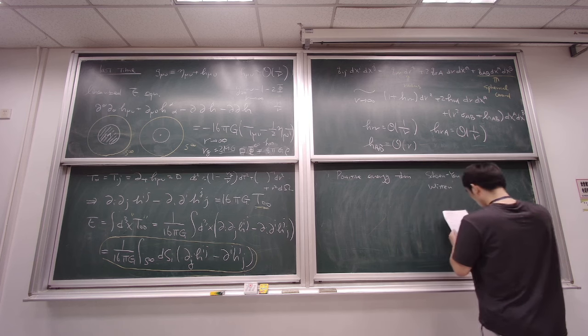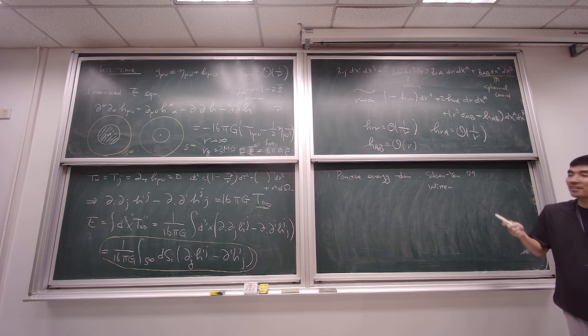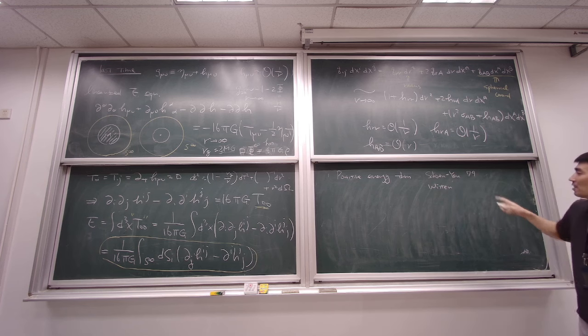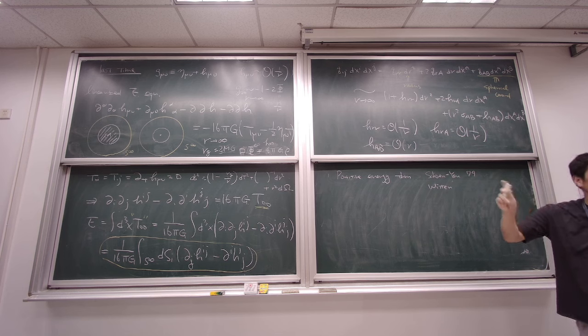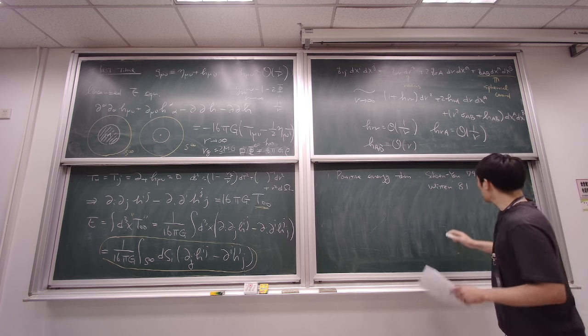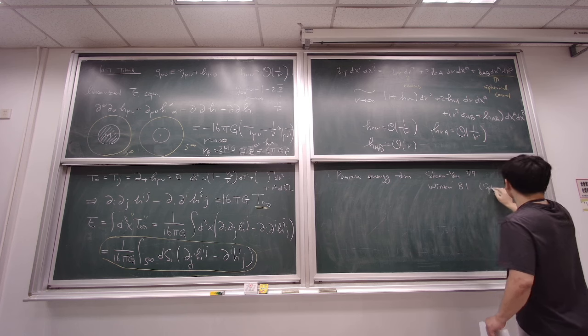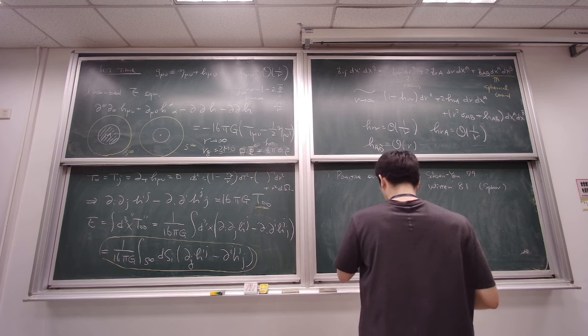Schoen and Yau gave it in '79. I think the famous paper is '79, but they wrote a series of papers around this time, three papers about the positive energy theorem in '79, and in '81 they improved the proof. But Witten's proof is '81. He used a completely different method, a spinor method. Unfortunately, I don't have time to do that.